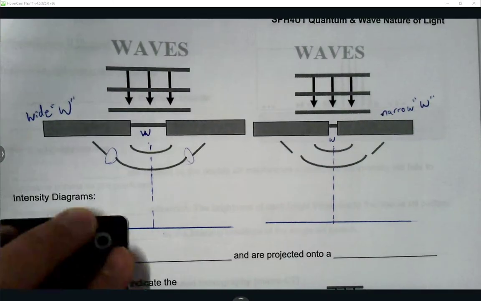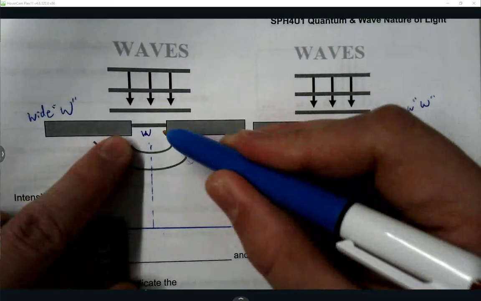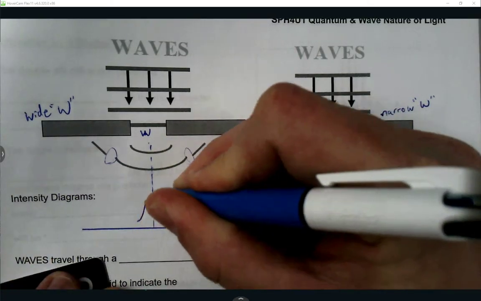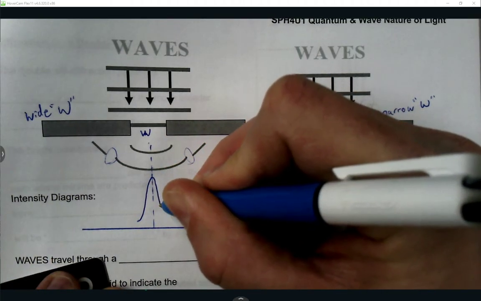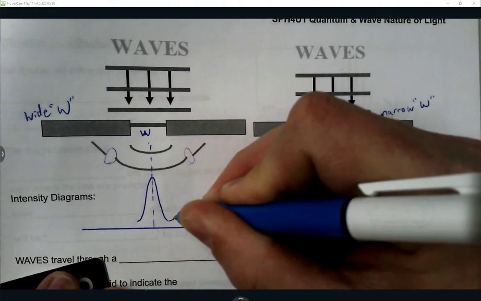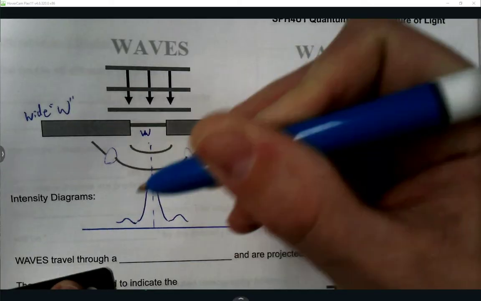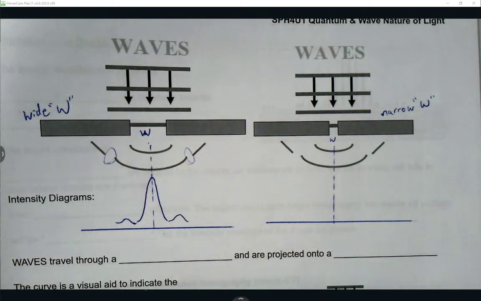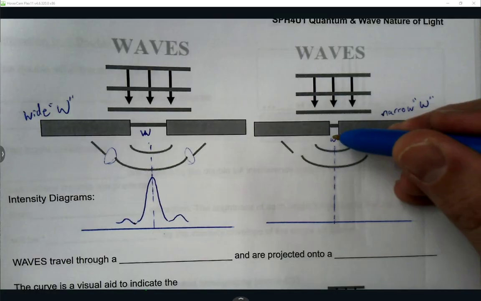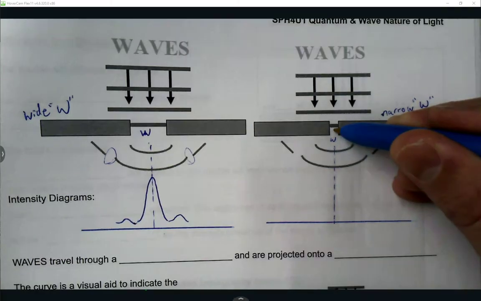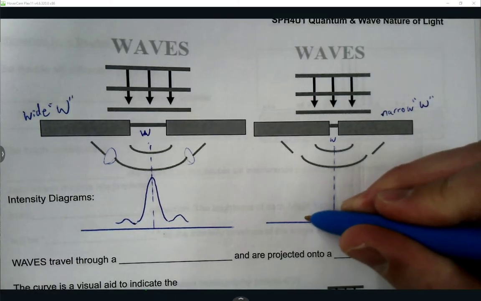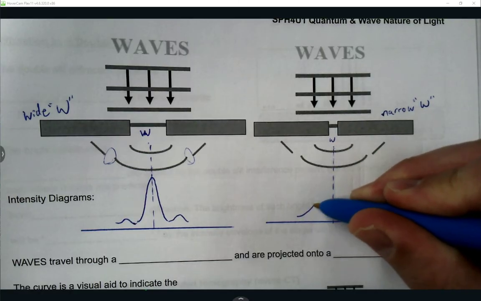But the idea here is that when waves hit a wide gap, you end up getting a narrow distribution to the central bright region. And when the waves hit a narrow gap, the distribution actually gets wider, but it also gets dimmer.